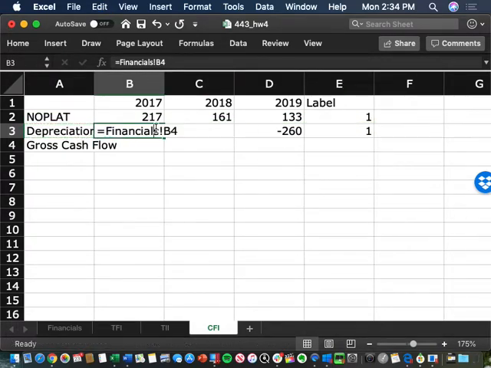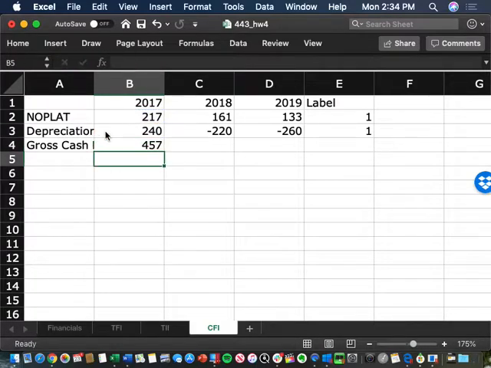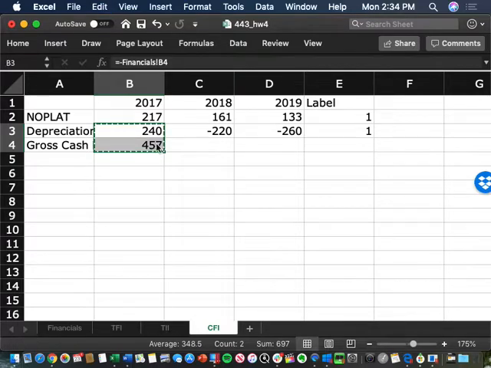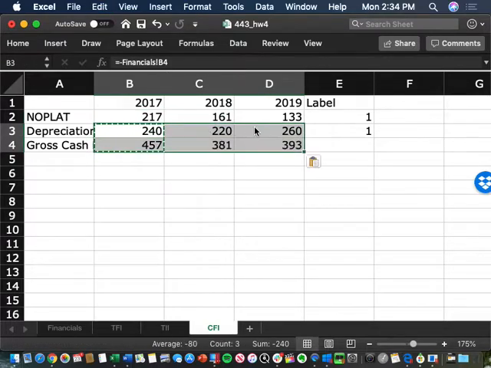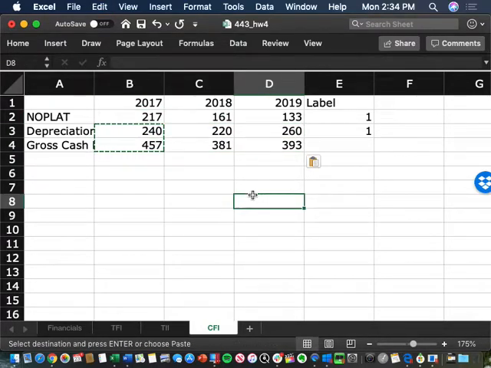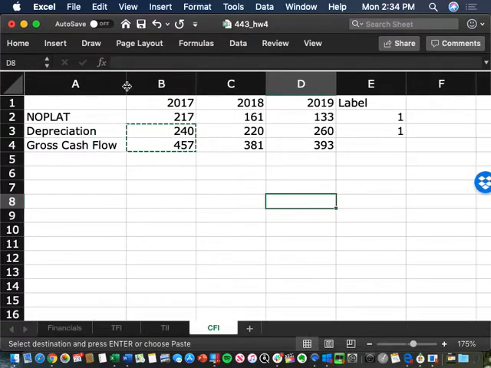Since we're adding back the depreciation, we'll flip the sign. Gross cash flow is NOPLAT plus the depreciation. That would be how much cash we're generating from our income statement for each of the 3 periods.